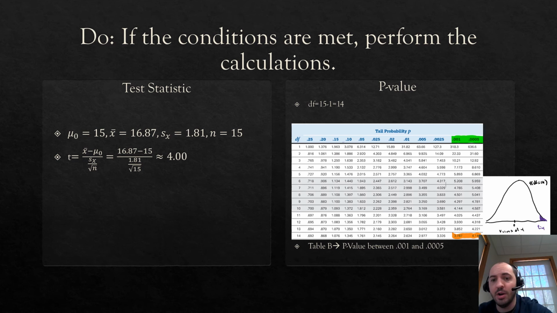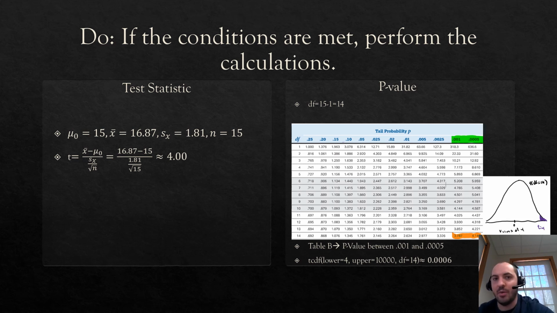If you don't want to know it's just between two things, maybe you want to be more precise, you can use technology. The following is what I would use in a TI-84 to get that this area in the tail is actually 0.0006, and that matches up with what our table tells us, because that value is between these two tail areas up here. So you can use either your table, or technology is probably a better option here.